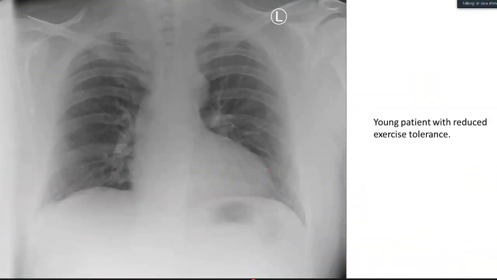So this is an X-ray chest frontal projection of a skeletally mature patient. It shows cardiomegaly, and there is some right-sided pleural effusion also noted.